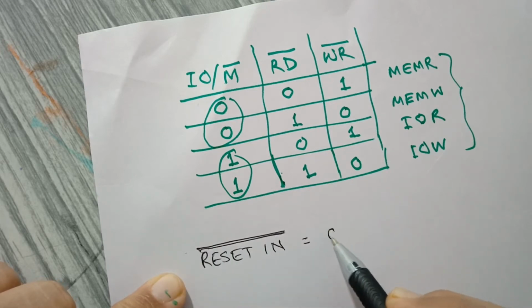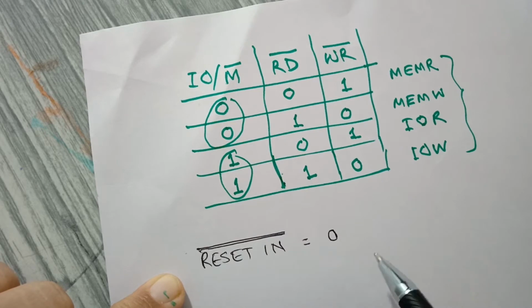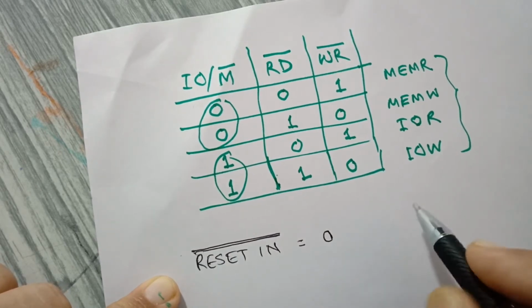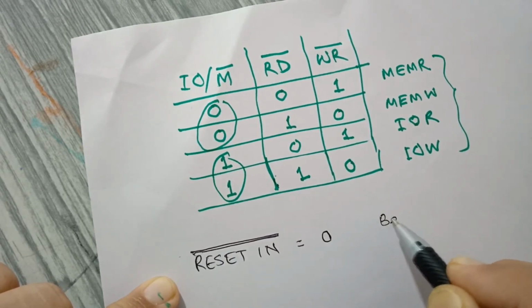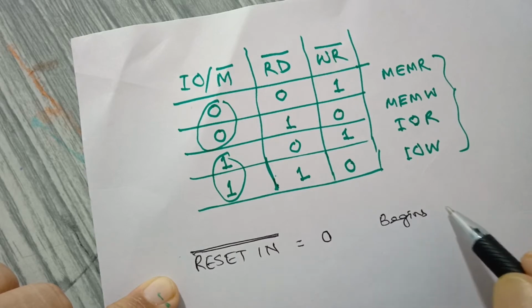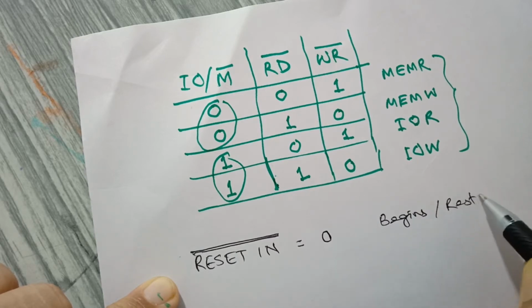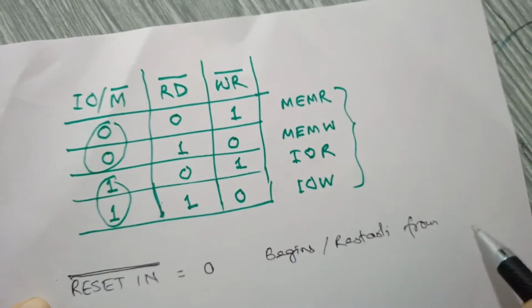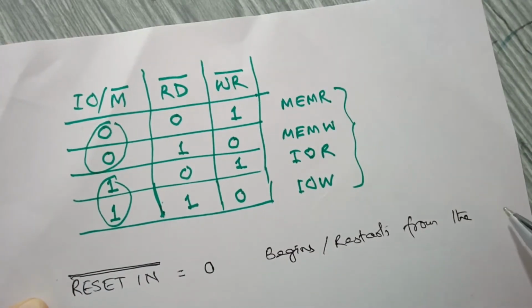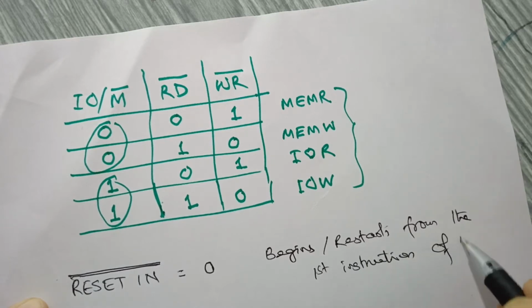So when you connect 0 level to this pin, the microprocessor begins or restarts from the beginning, restarts from the first instruction of the monitor program.